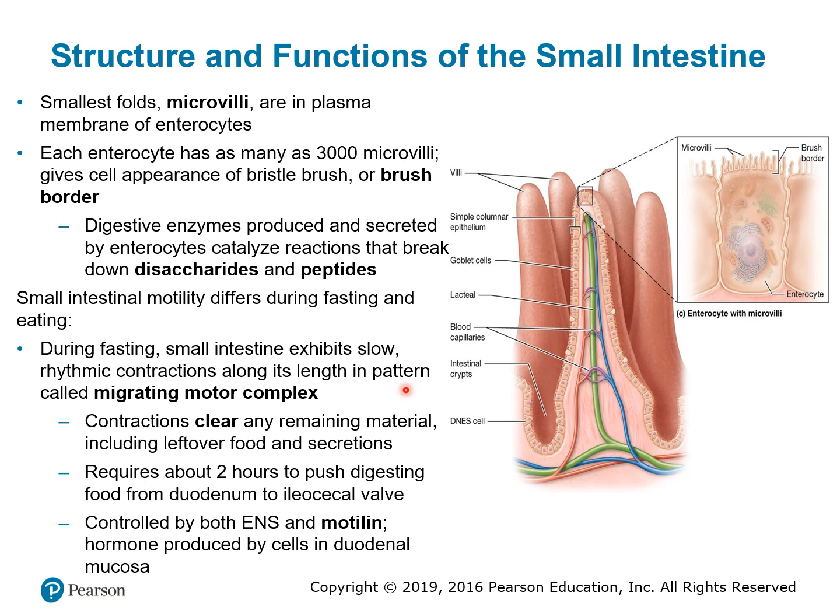It is going to clear anything that is remaining, any leftover food or secretions from the previous meal. Now, this occurs about 2 hours before pushing the food from the duodenum to the ileocecal valve. And this process is regulated by the enteric nervous system and the hormone motilin, which is produced by the duodenal mucosa.